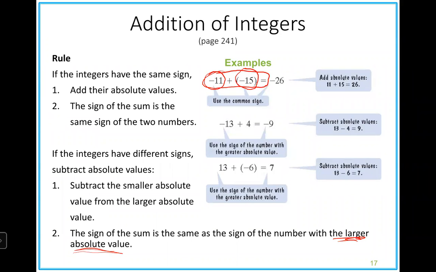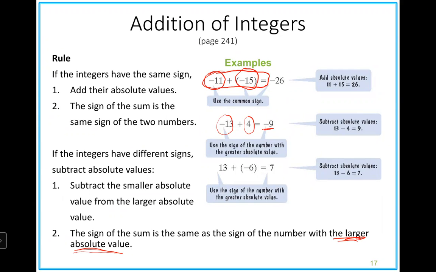In this second example, you have negative 13 plus 4. The first number is negative, the second number is positive. You subtract the 4 from the 13, you get 9. And then the answer gets the sign that the larger absolute value had. The larger absolute value was 13 and it was negative, so the answer becomes negative.